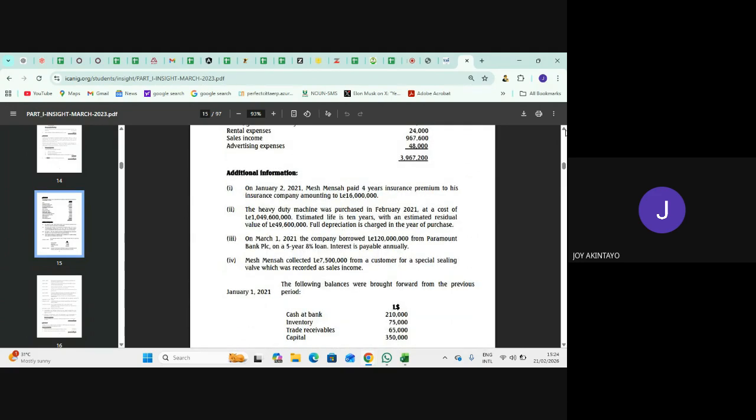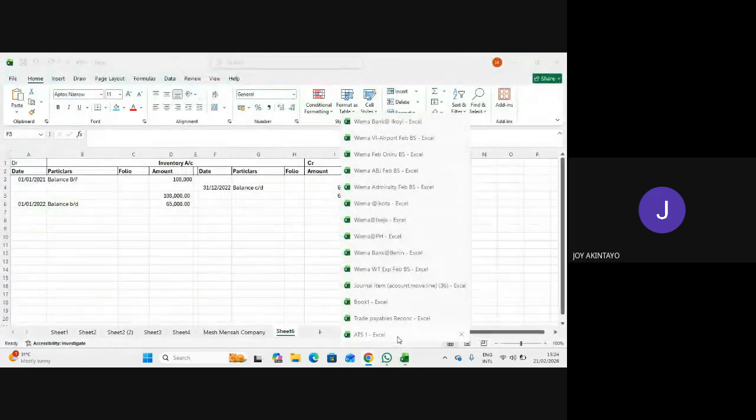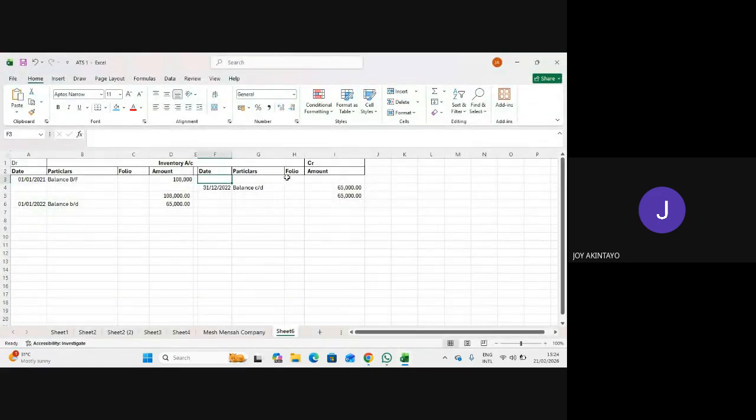So what's the difference? What will be our purchases for the period for us to have 108? So minus 108 from 65,000. What do you have? 43,000.